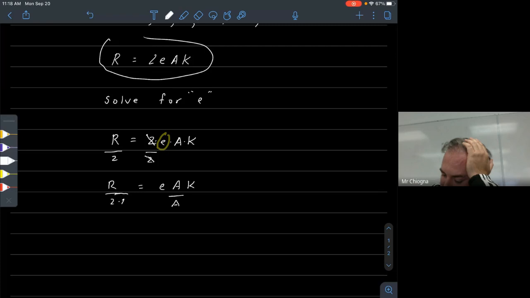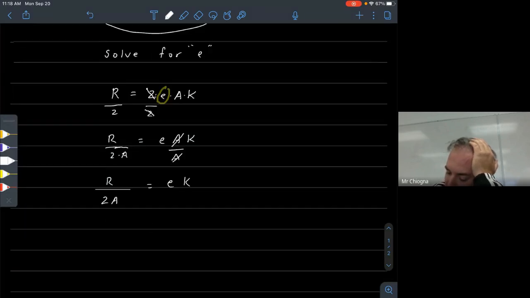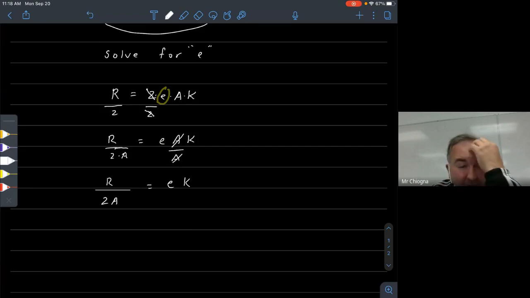I have to place the A underneath the R. The A will cancel out on the right. Okay, I'm just working through it one at a time, but you don't have to go every step as I've done here. You can divide all of them at once.